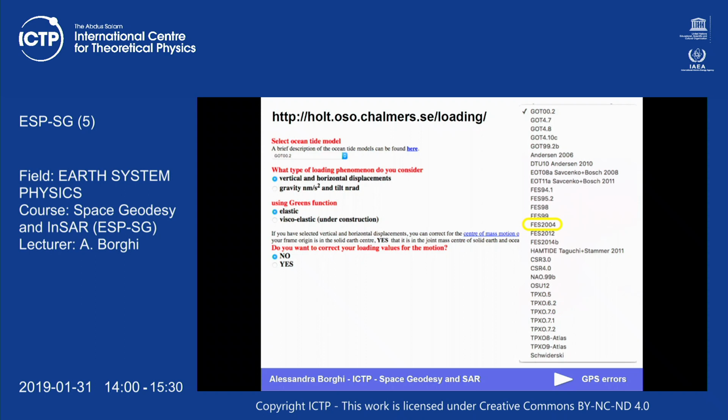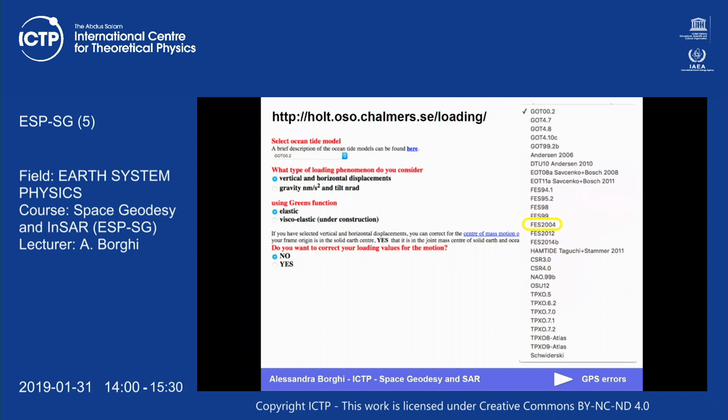Usually for GPS we use this one. Why? I don't know exactly why we use this one. All the software say to use this one. Probably we have to check in the literature the reason for using this one.